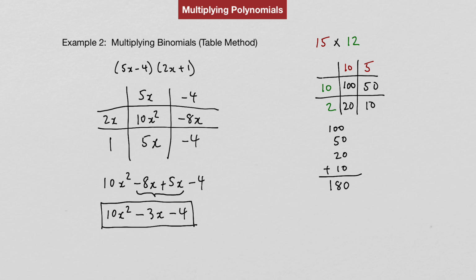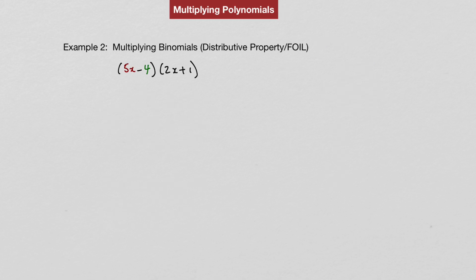Now let's move on to the distributive property or the FOIL method. With the distributive property method, here's what we would do. We would take the first term in red, that'd be 5x, and we multiply that by 2x plus 1.